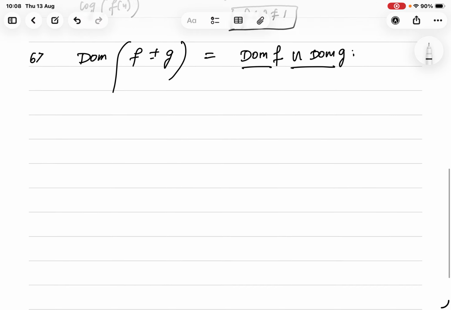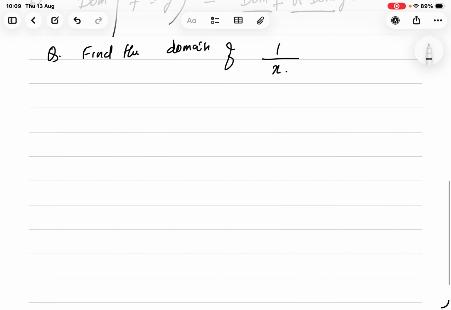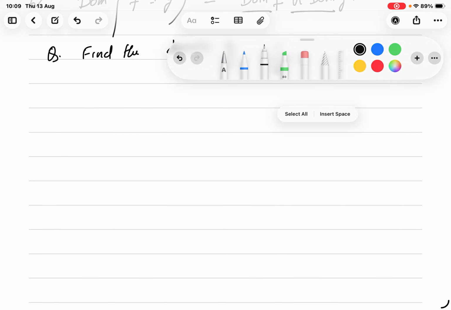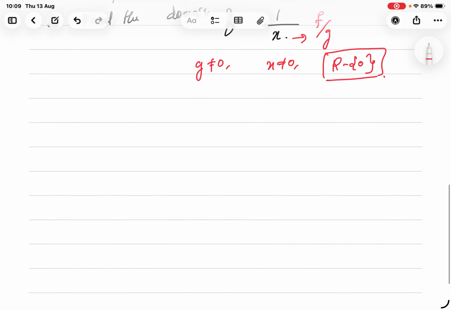Okay, we'll see questions one by one. I will take the first question. Find the domain of 1 divided by x. So now the denominator is not equal to 0. This is f, this is g. So g is not equal to 0, x is not equal to 0, then R minus 0 is the domain of the function.